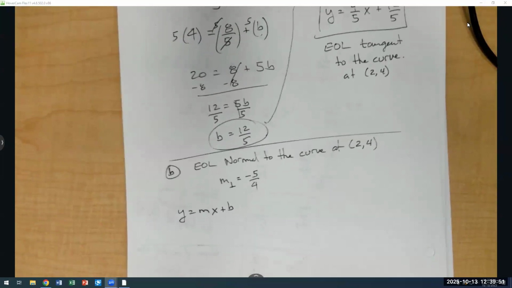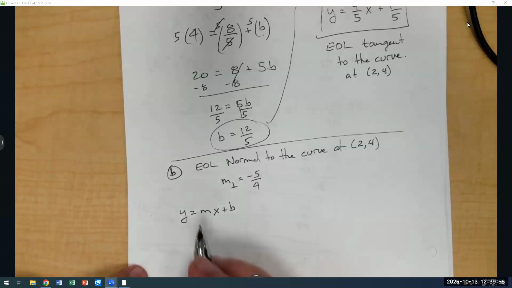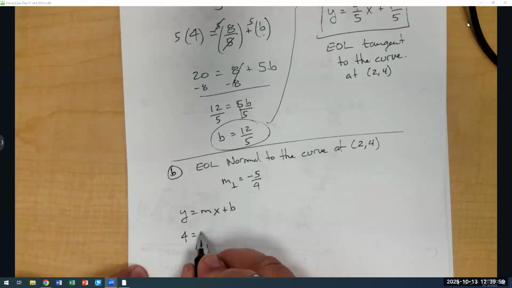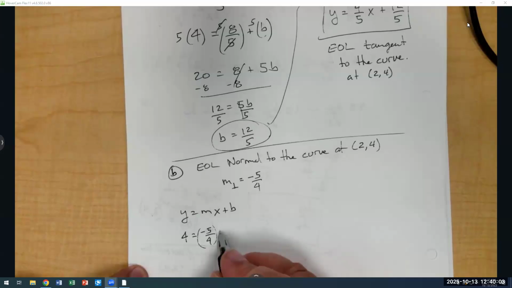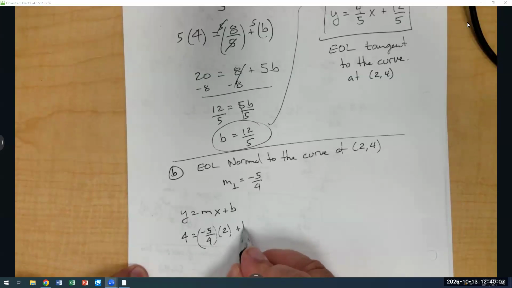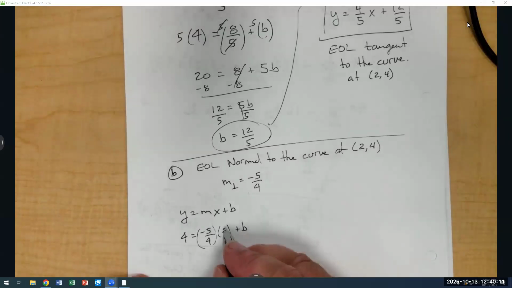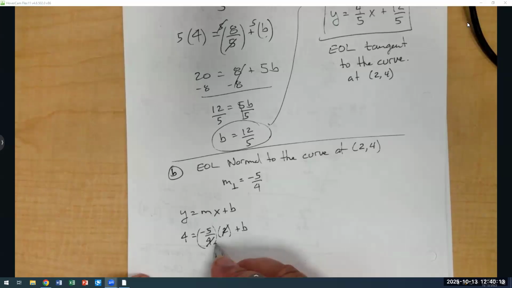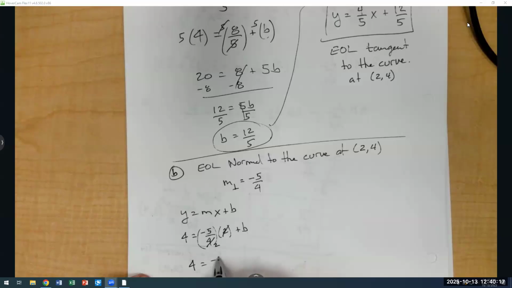We just redo what we just did, using the new slope. The y value is 4. -5/4 is my slope. My x value is 2. The 2 and the 4 cancel. So I have 4 equals -5/2 plus b.